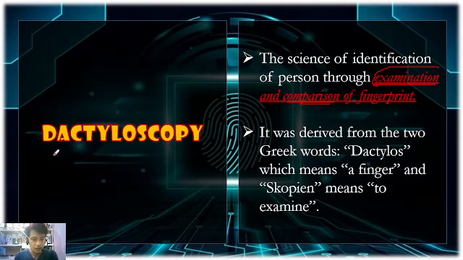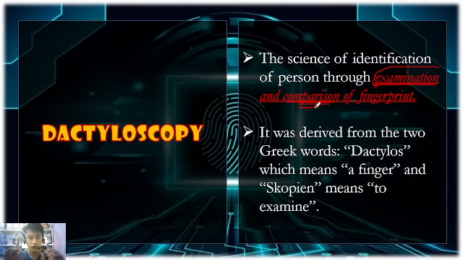That's why in our subject, or in the previous curriculum, they are saying dactyloscopy, not dactylography, because this is the term that we are using when we say examination and comparison of fingerprint, especially latent prints, with the taken fingerprint from the suspect.